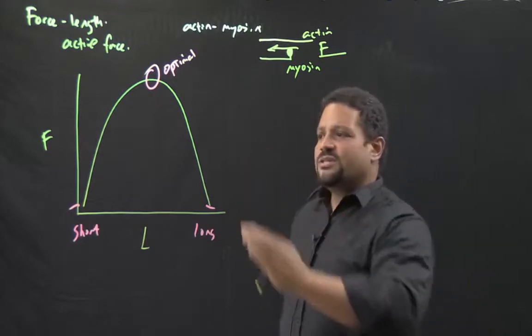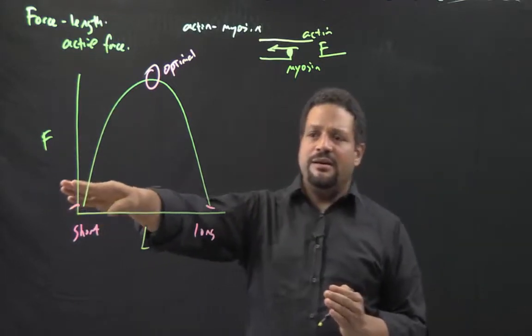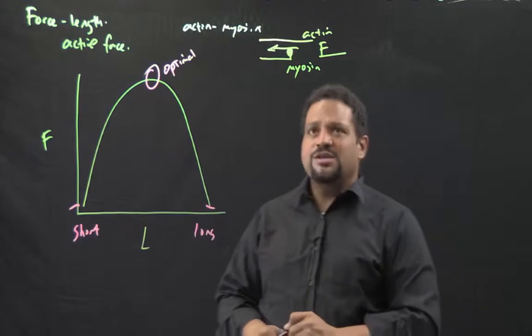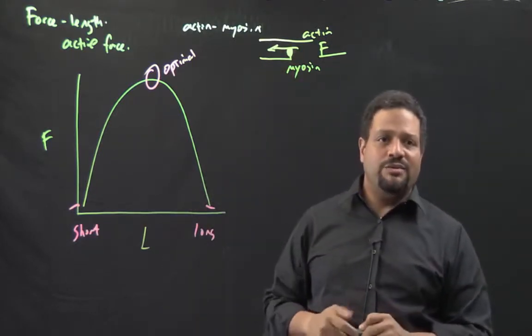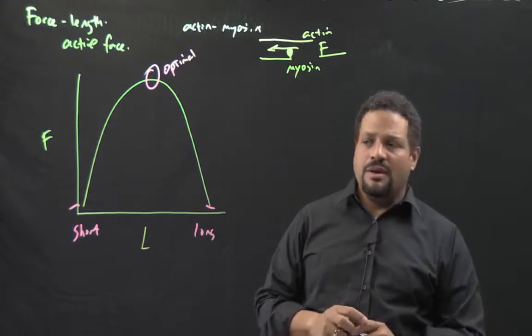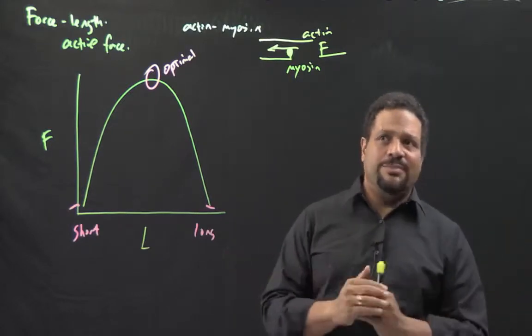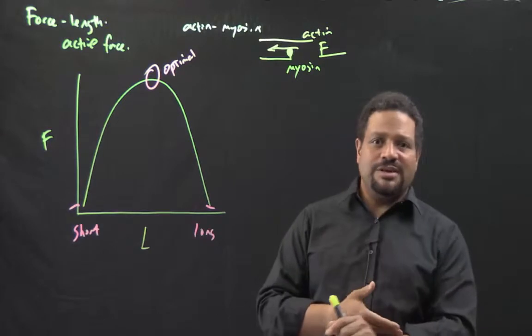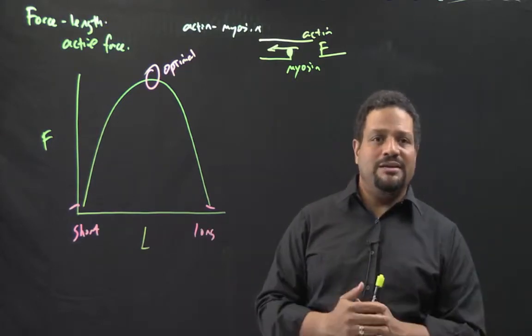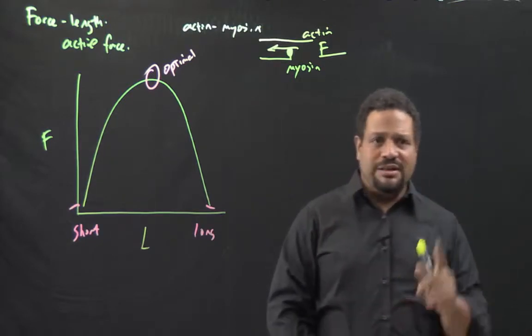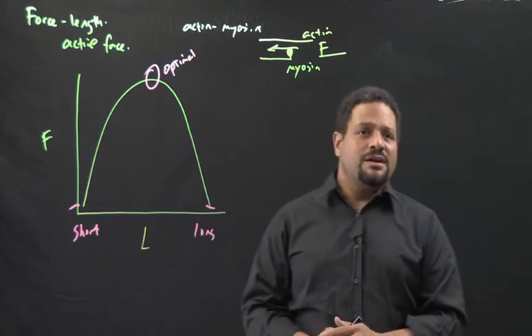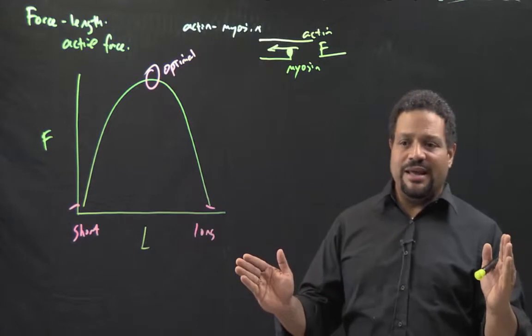That force that you measure here, importantly, depends on how many of the myosin head groups interact with the actin. In skeletal muscle, typically when you have stimulation of the muscle, all of the myosin will interact with the actin. But there's always an exception, and this exception is when you stretch the muscle to different lengths.